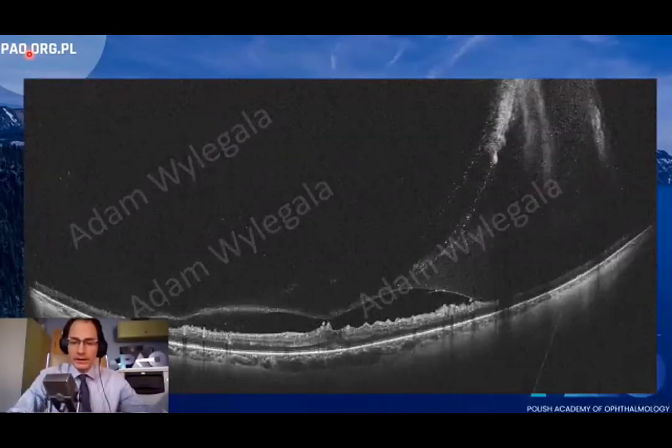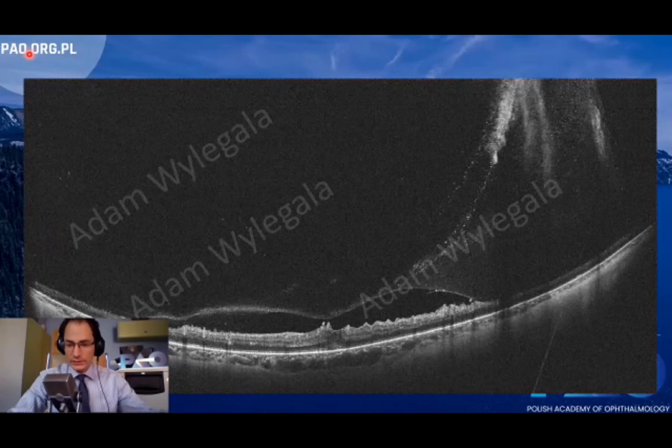Okay, so I think that OCT, especially this ultra-wide field OCT like the Plex Elite or Canon S1, are going to revolutionize the visualization of the floaters, because look how deep we are, and this is basically a 15mm scan.